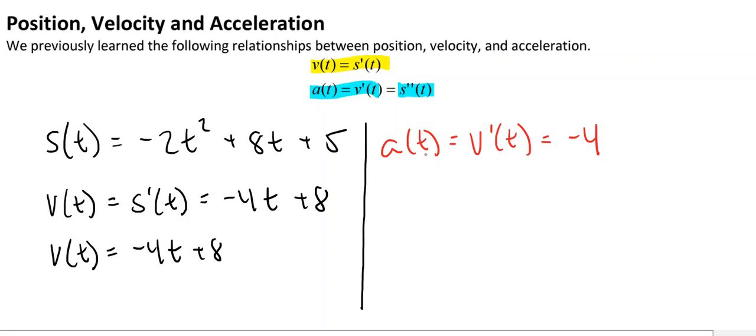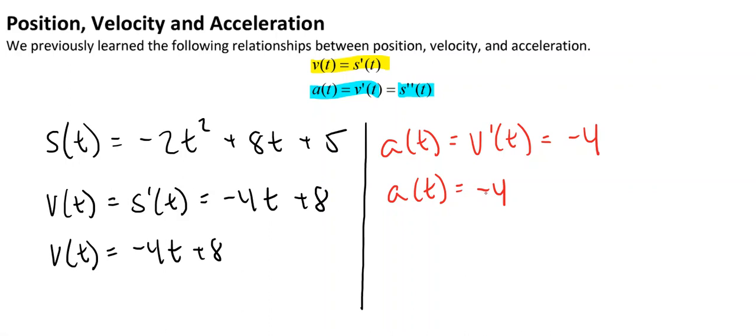Our acceleration is simply a constant negative 4 in this example. Acceleration tells you how velocity is changing. If acceleration is negative, the particle is slowing down. If acceleration is positive, the velocity of the particle is increasing. If acceleration is 0, it's going at a constant speed.